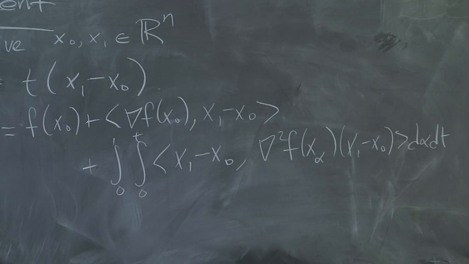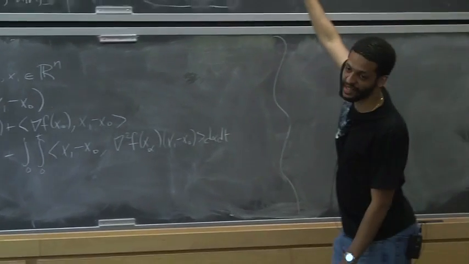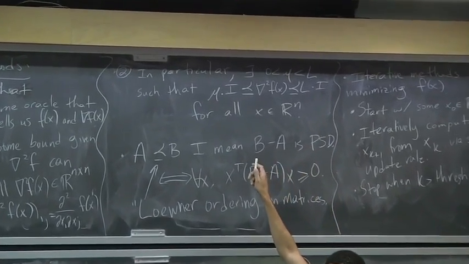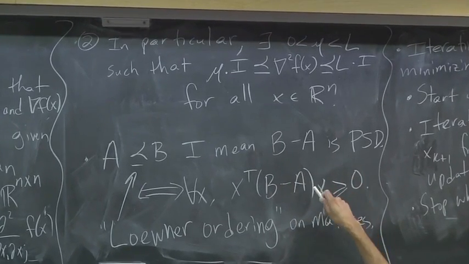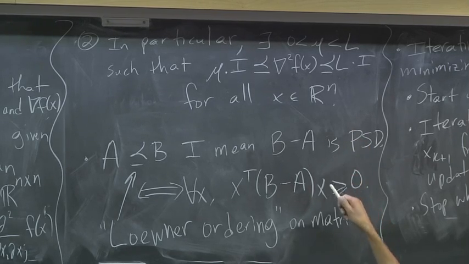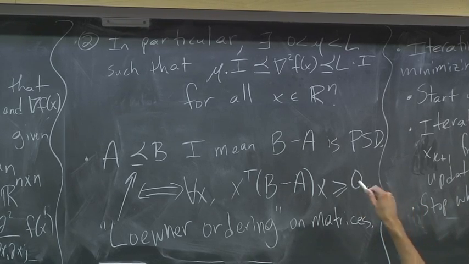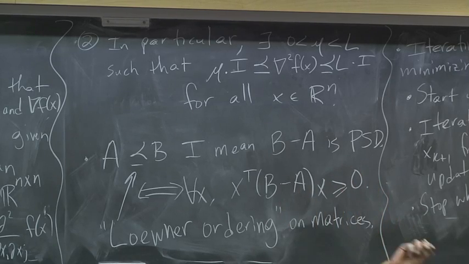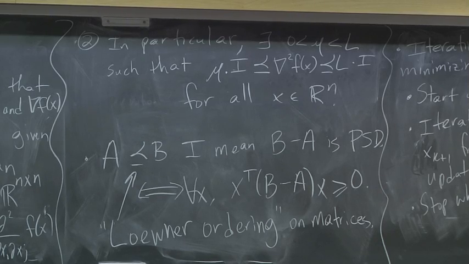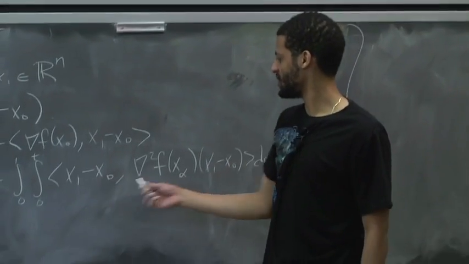Just to recap, take it on faith, or look at the notes later, where I'll insert something for linear algebra. This second inequality, the Loewner ordering inequality, means that the largest singular value of this matrix is at most L. What does that tell you about any one of these dot products?